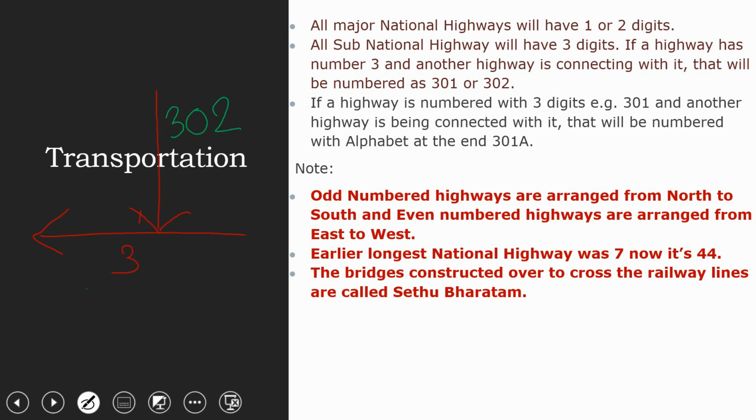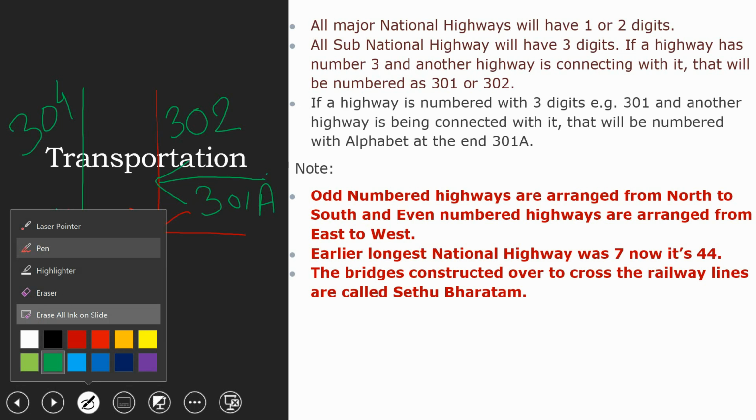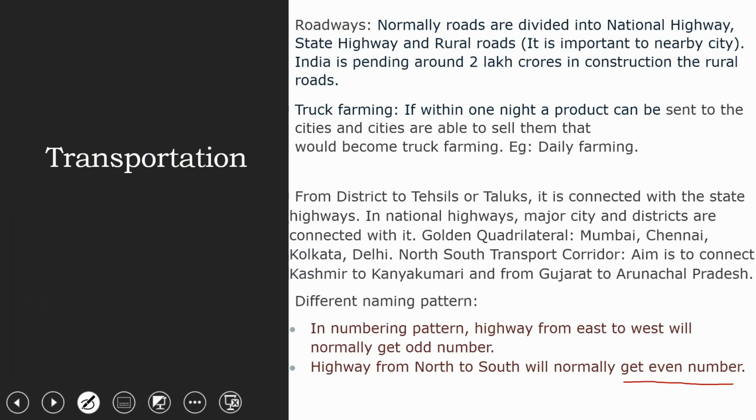Okay, if another highway is coming and connects with 3, then it will be numbered 304. Now if another highway is connected, that will be numbered with an alphabet. If again another highway is connecting to this one, it will be numbered 301A, then B, then C, then D. Okay, this is the method for numbering highways.